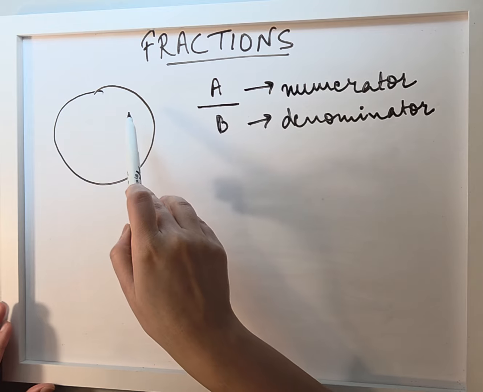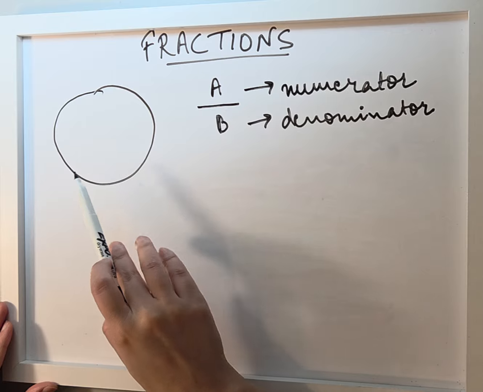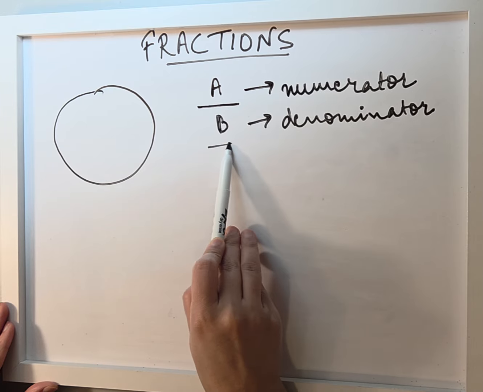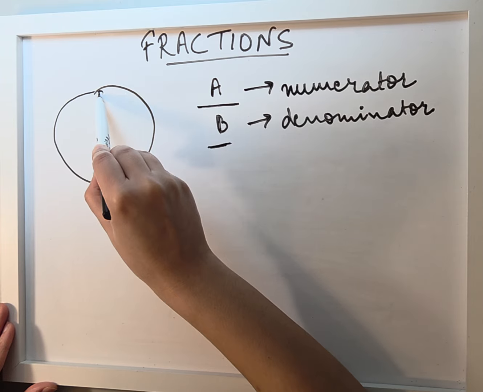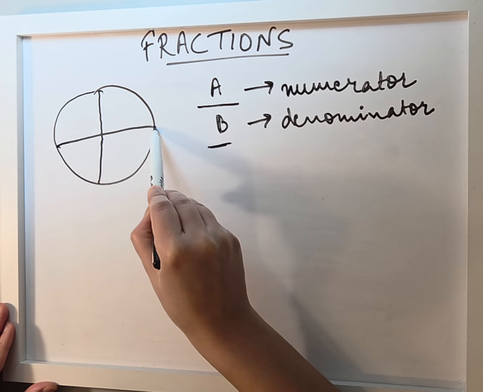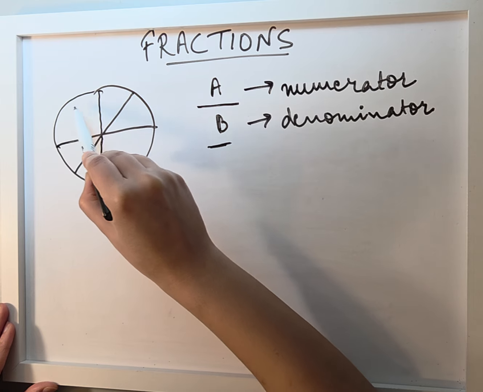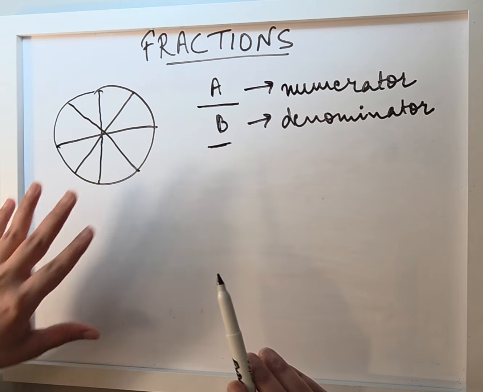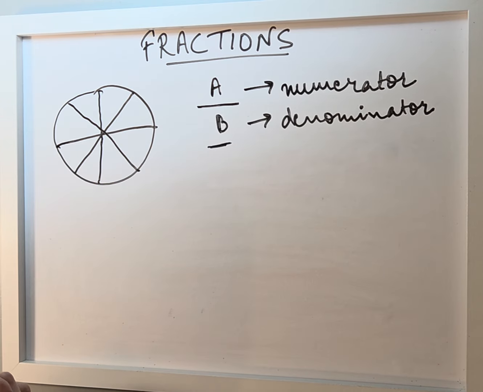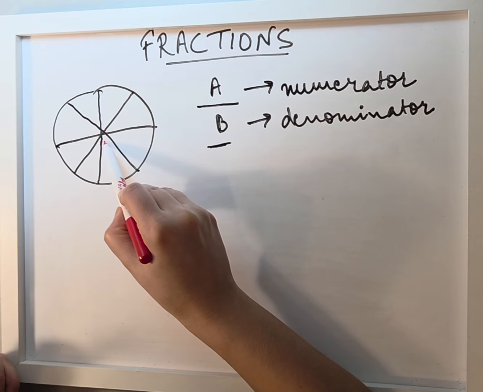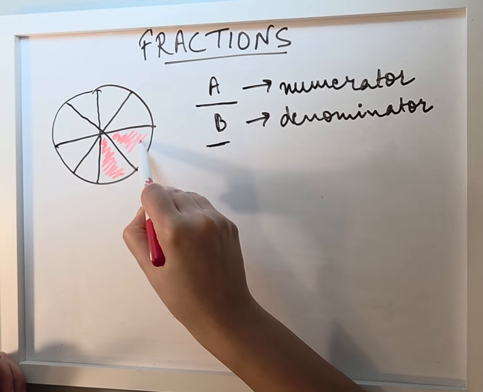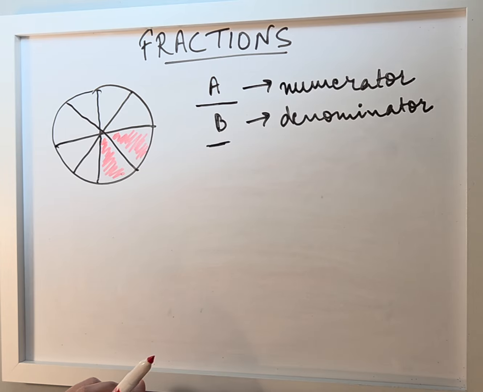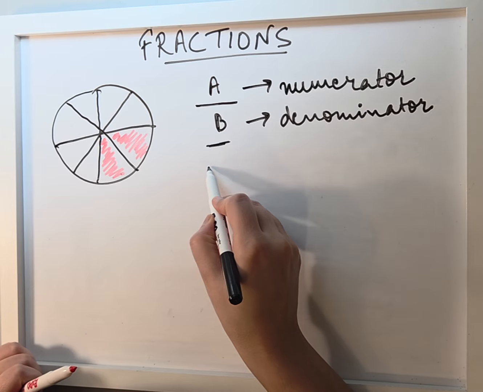If something given to us is equally divided into B number of parts, let's say I have divided it into 8 parts, and if I say I have taken two pieces out of it, the colored ones, I have taken two pieces out of it, so what can we say?